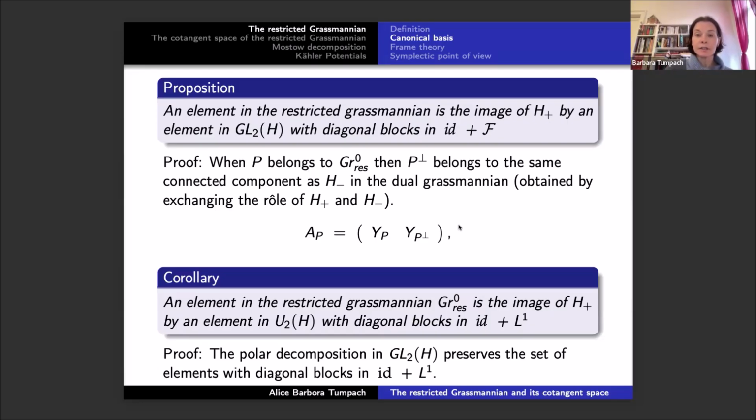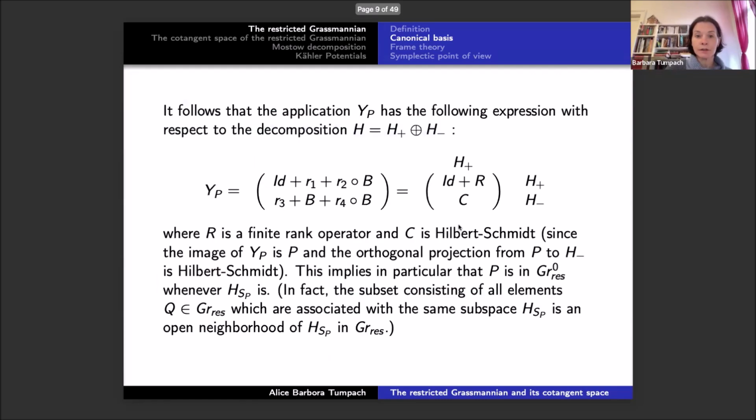So we have here, just before, an element YP with just one column, so H plus is mapped to this operator.